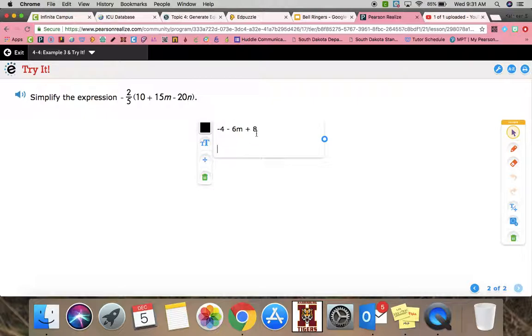Negative 4 plus 8 is just 4, so I can have negative 6m plus 4, or 4 plus negative 6m, or 4 minus 6m. Those are all equivalent. So our final answer would have to be one of these 3 down here, not this one, because you're not done, because it has like terms in it already.